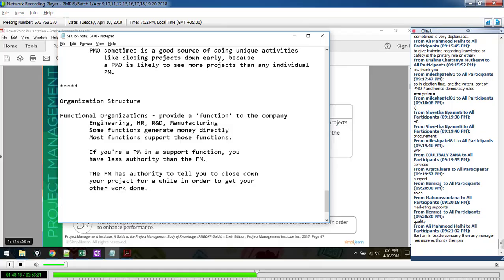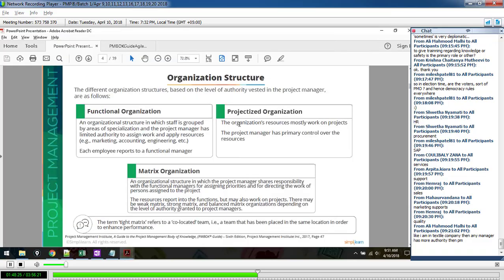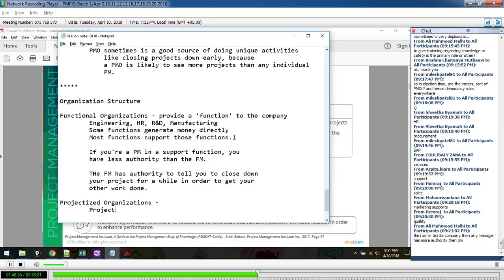Now, projectized organizations. The organization's resources mostly work on projects, not functions, and the project manager has primary control. Okay? Projects are the primary output, and the PM has high authority.